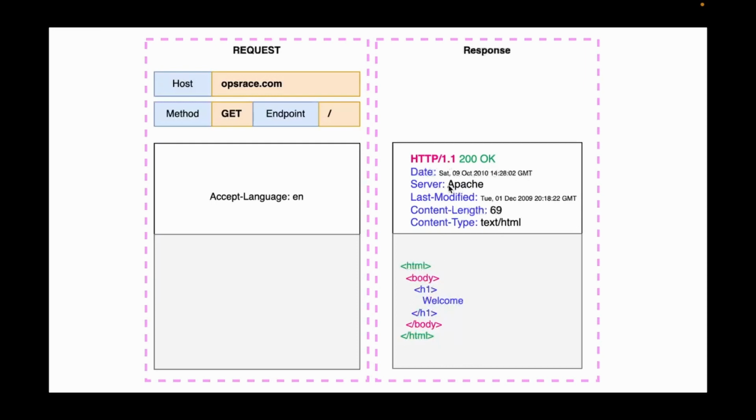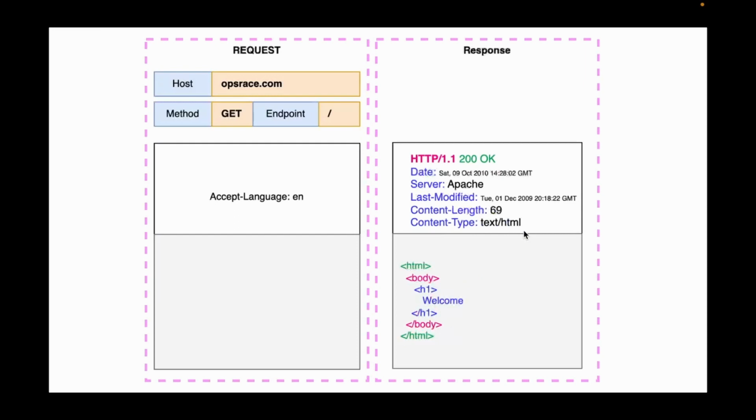This was the date, this was the server name, when this content was modified, the length of the content, and what the type is. It is text/HTML, it could be text/JSON, it could be image PNG, JPG, video file, audio file. Whatever the content inside this packet is, that will be mentioned here.